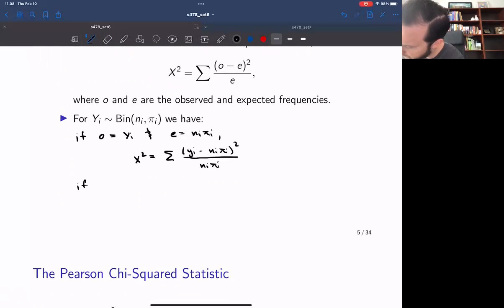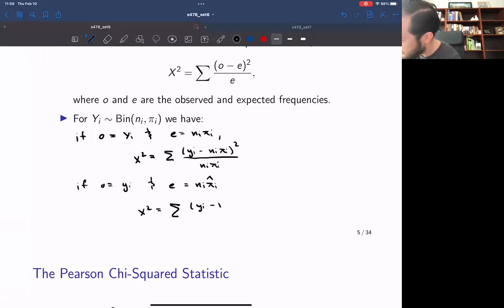And then if O is equal to yi and E is equal to ni pi hat, then the chi-square can be written as yi minus ni pi hat squared divided by ni pi hat. And this second representation is the one that we will use in practice because we will usually be estimating the pi i's based off of our binomial model.